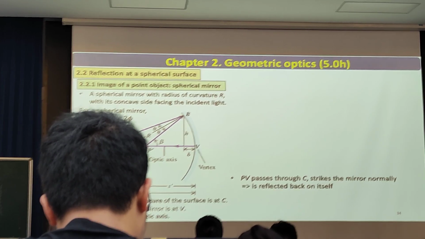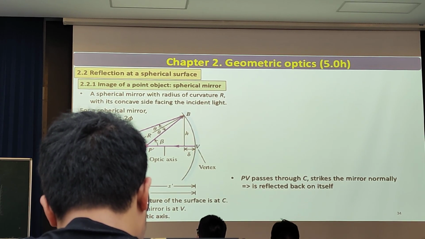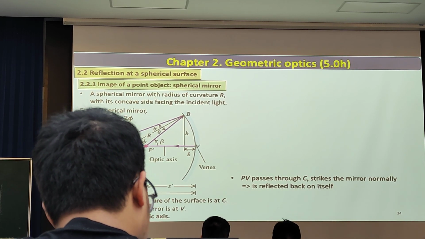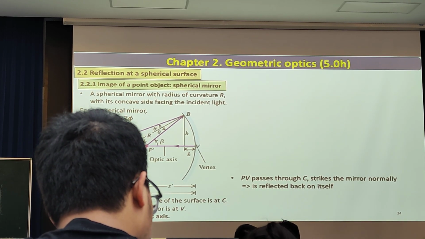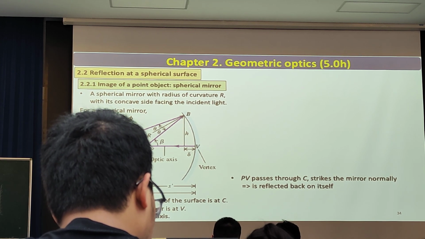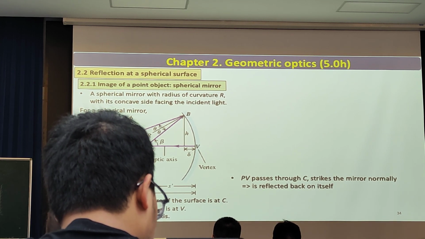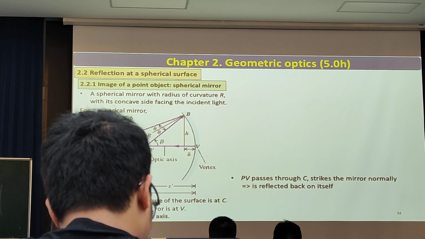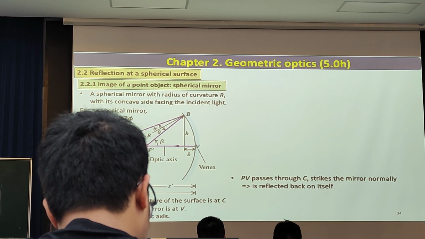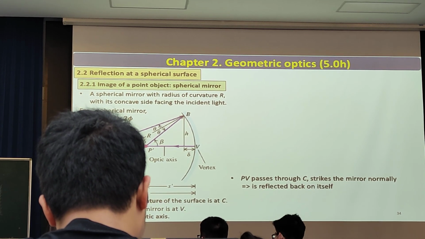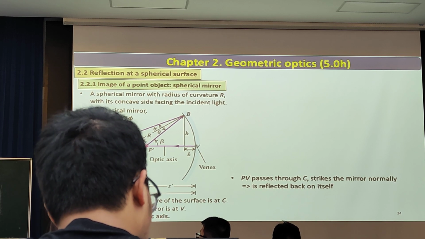In order to find the normal, here is the incident point. You will connect this incident point with the center. So here it is the normal. And then the reflecting ray. Please draw the reflecting ray.